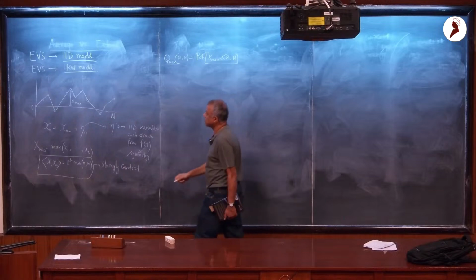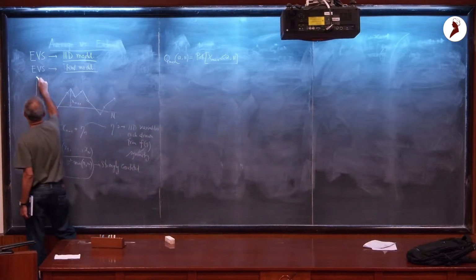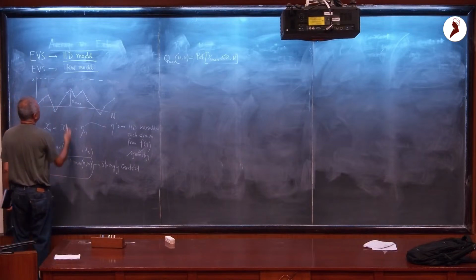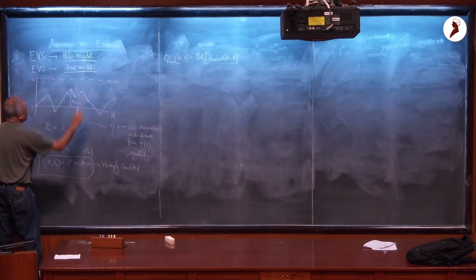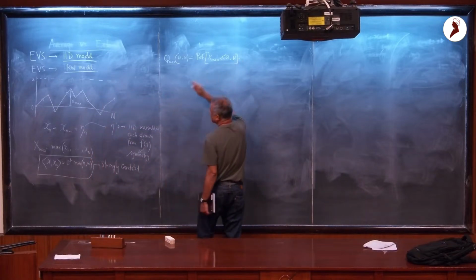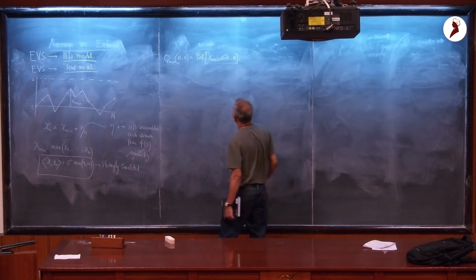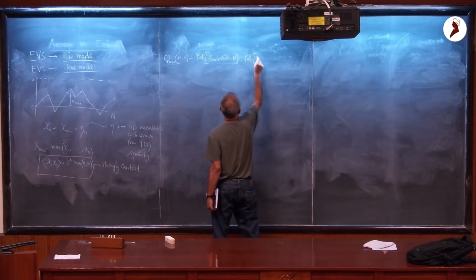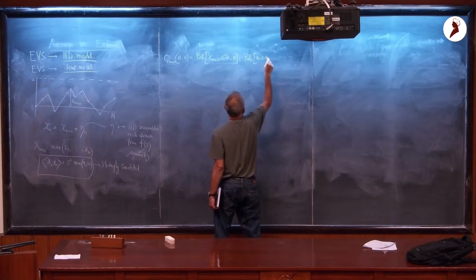That means, what's the probability x max is less than a? Now, as I said, because x max is the maximum of n IID variables, this is the same as the probability that each of them is less than or equal to a.